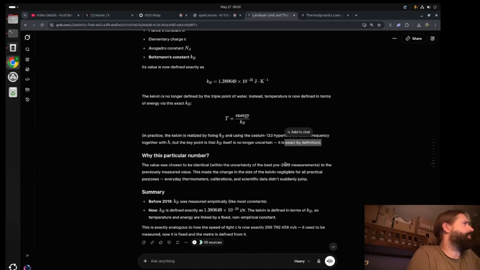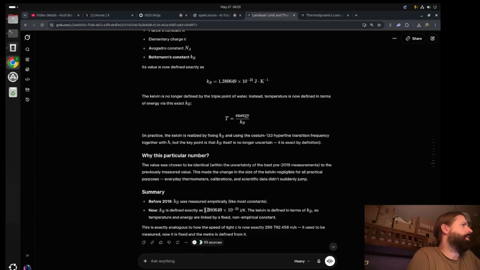This is by exact definition, not empirically: 1.38 times 10 to the minus 23 joules per Kelvin.